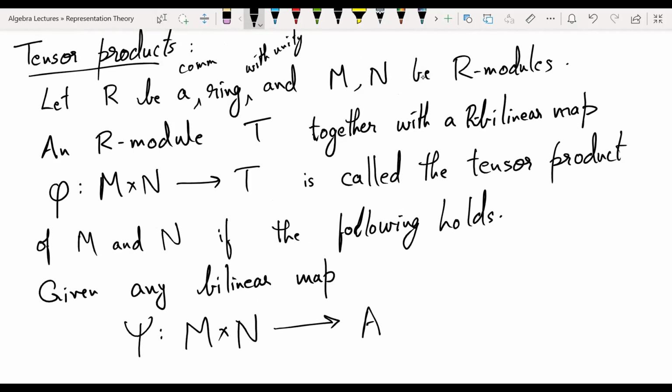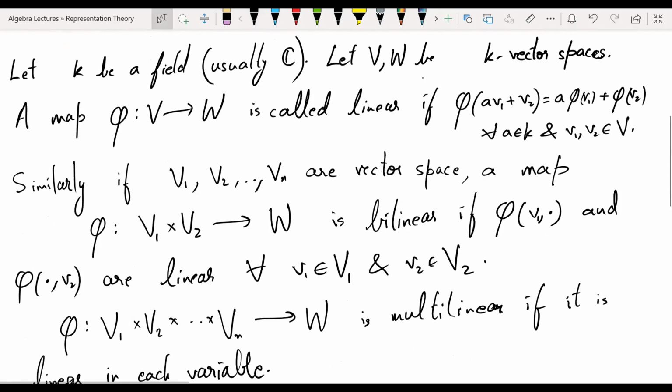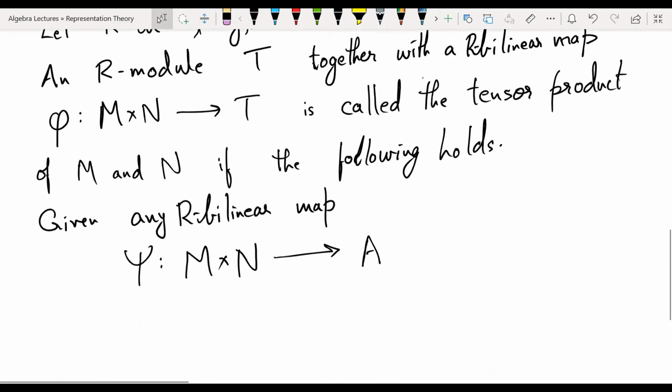So bilinear makes sense, like that was K-bilinear, here it is R-bilinear. So same definition. A is in R's, and b1 and b2 are in M and N respectively.